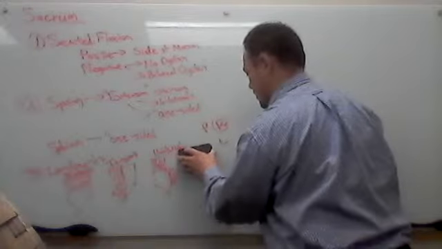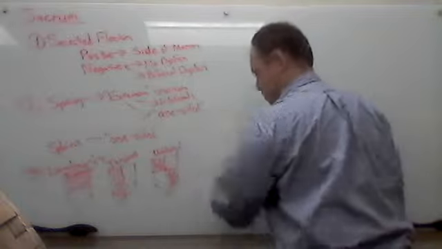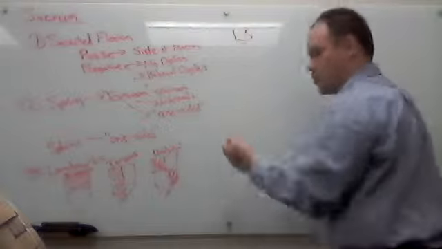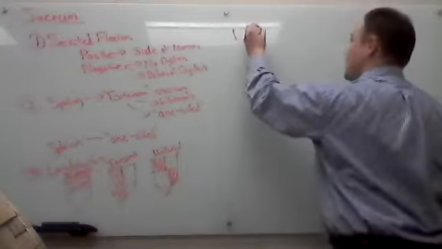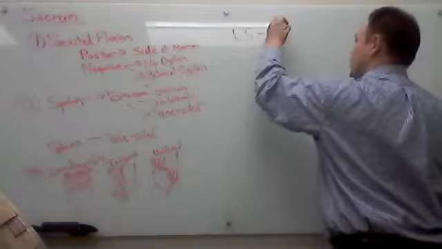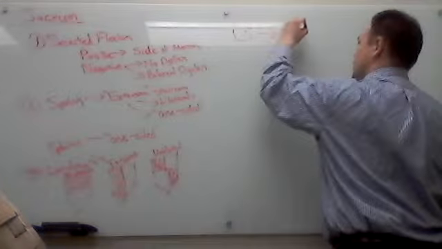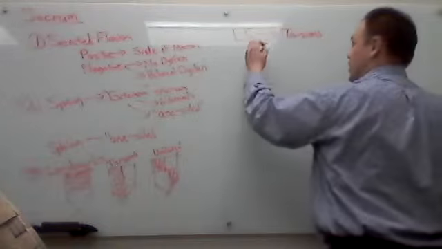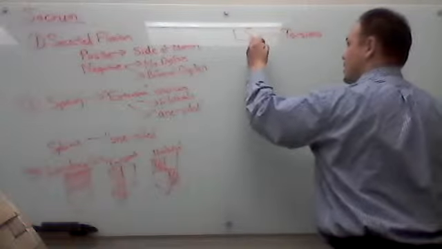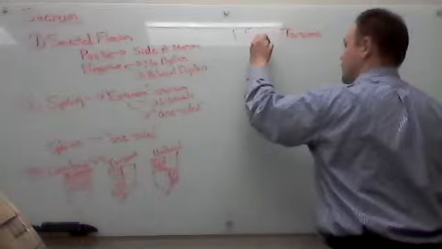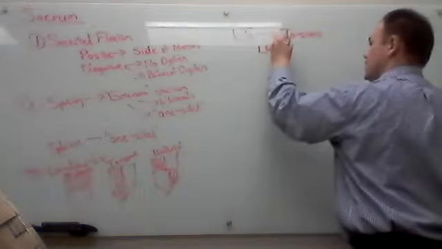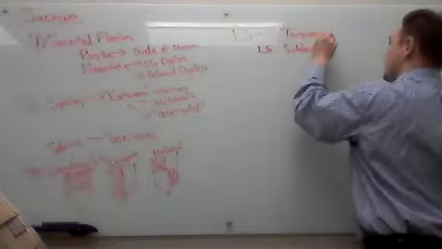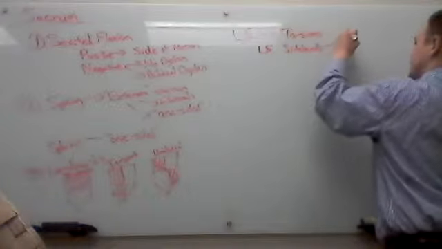So, besides that, we're going to move to L5 diagnoses that correlate with the sacrum dysfunctions. L5 diagnoses only occur in the torsions. The way that you can look at it is whichever side the L5 side bends is the side of the torsion axis.